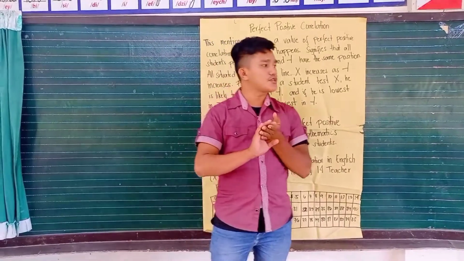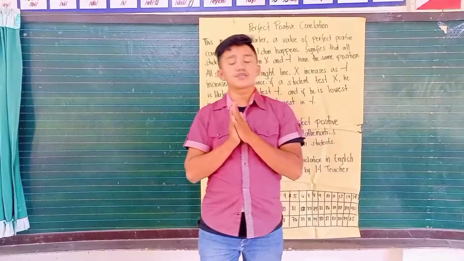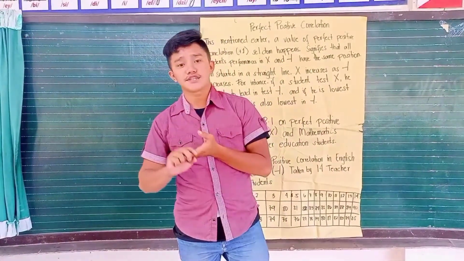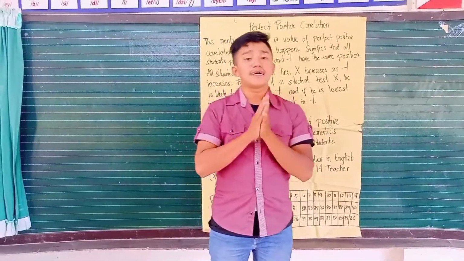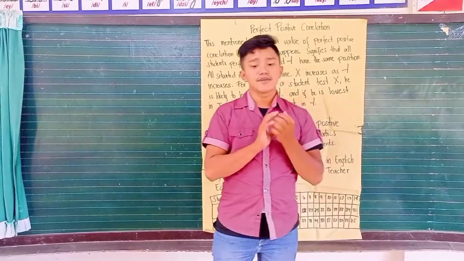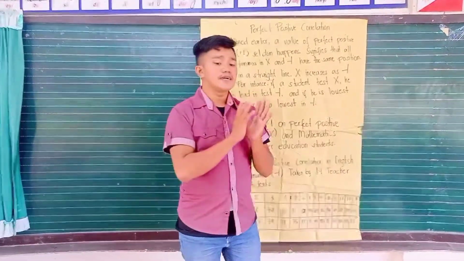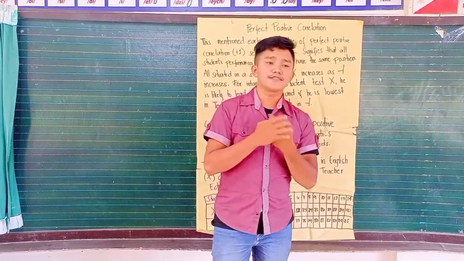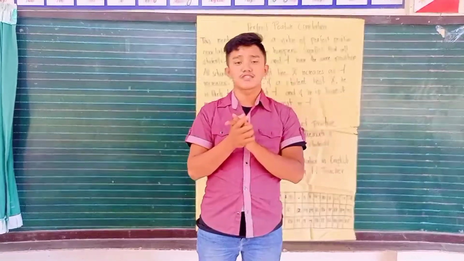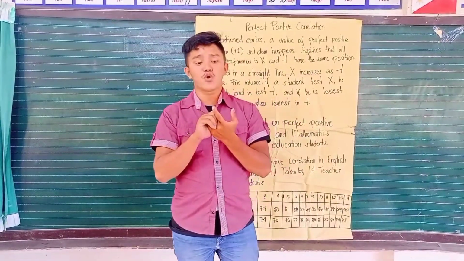X increases as Y increases. And for instance, if a student is highest in test X, he is likely to lead in test Y, and if he is lowest in test X, he is also lowest in Y.